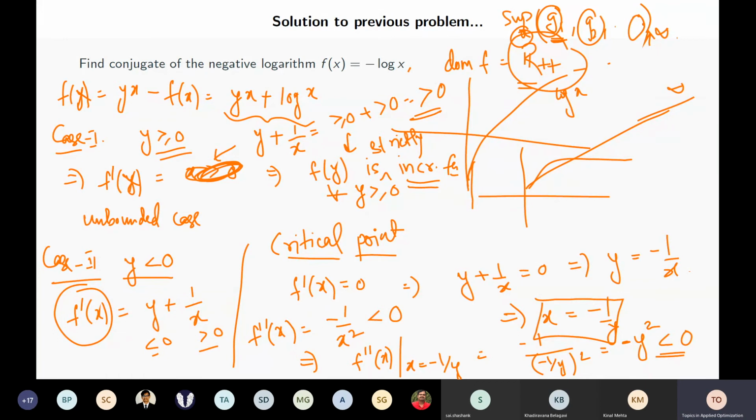Whenever you have y negative, you are getting some finite supremum value. Okay, that's what it's trying to say.